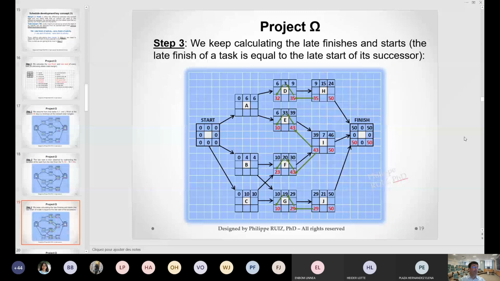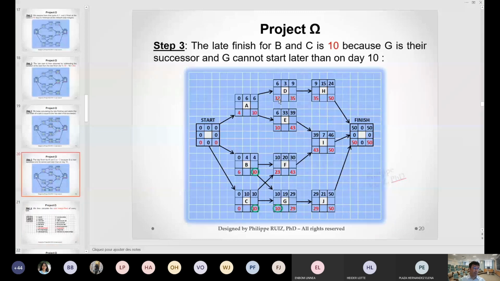I keep going. Same process. So here you are going to see that, for instance, C and B are followed by F and G. So we're going to have the same problem as we had before, but this time it's reversed. What do I mean by that? B is followed by F, which has a value here of 23, and B is also followed by G, which has a value here of 10.